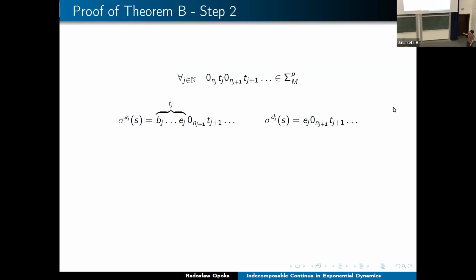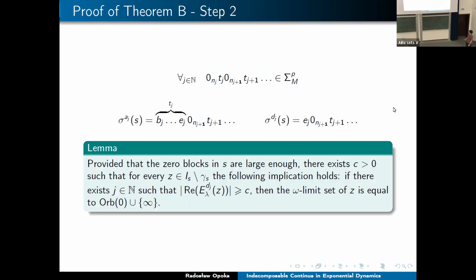BJ is the first entry of the TJ block, and we can assume this is non-zero. EJ is the last. A is the iteration such that the itinerary looks like this, and DJ is the number such that at this iteration the itinerary begins with the last element of the T block.